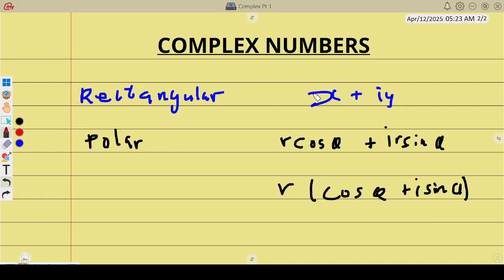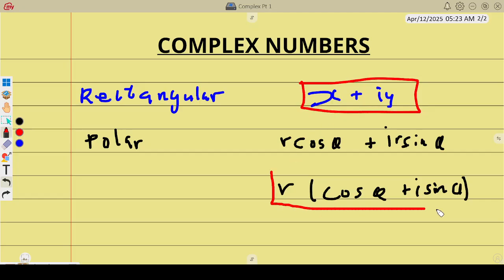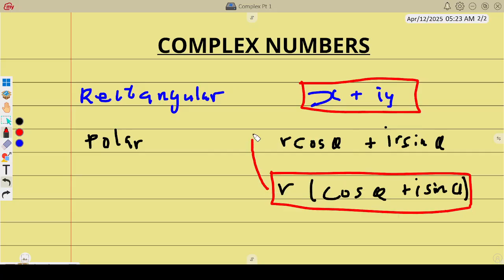You have to know how to convert from rectangular to polar form, and also vice versa, from polar form to rectangular form. That is what we're quickly going to do. On the polar form, take note that r is the modulus and theta is the argument, which is the angle.